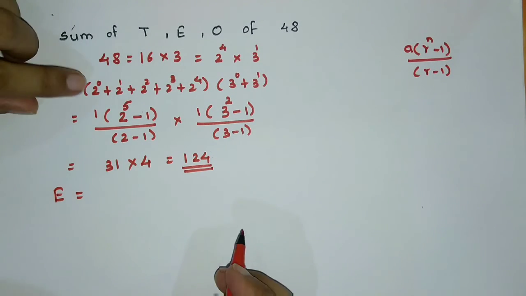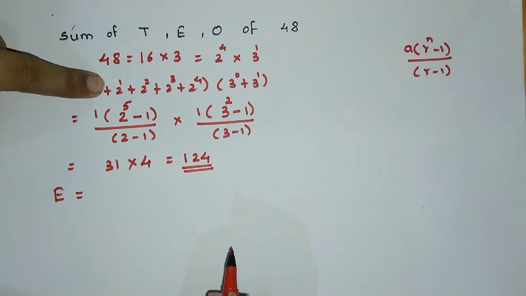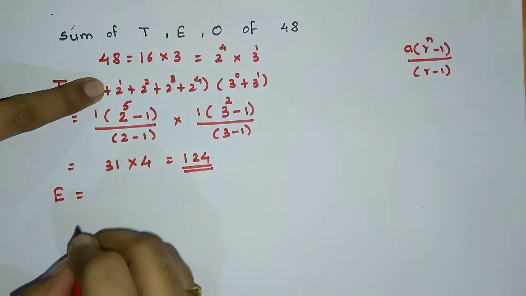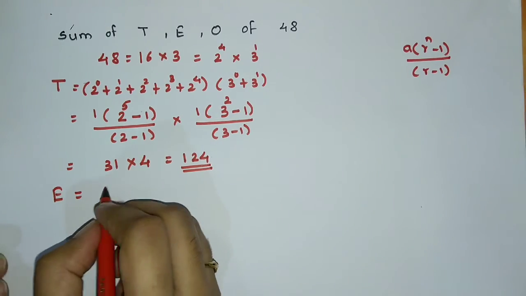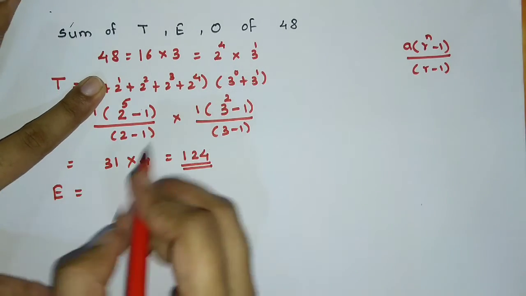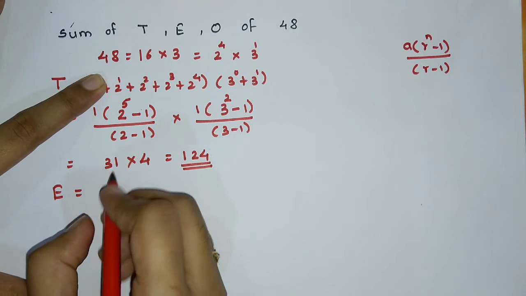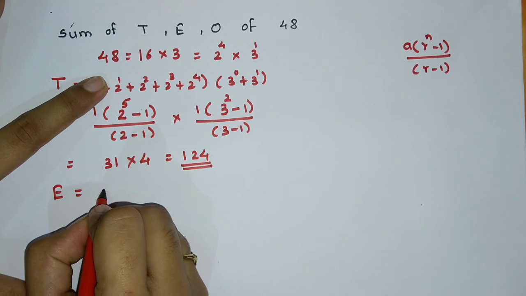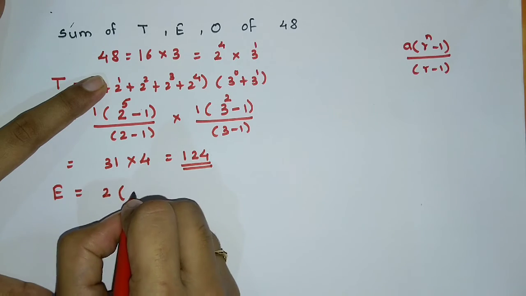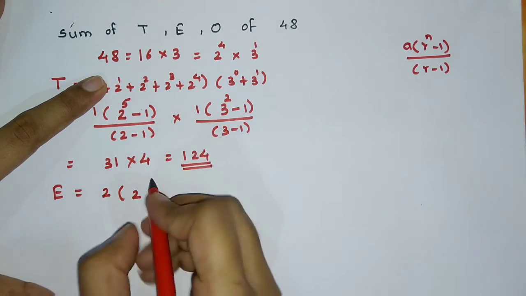Here, we are not going to consider 2 raised to 0 as it is 1, which is not even. So let's write for 2 raised to 1 and this. What is the first term? 2 raised to 1, 2, 3, 4.